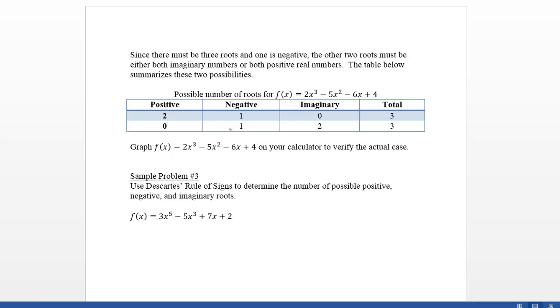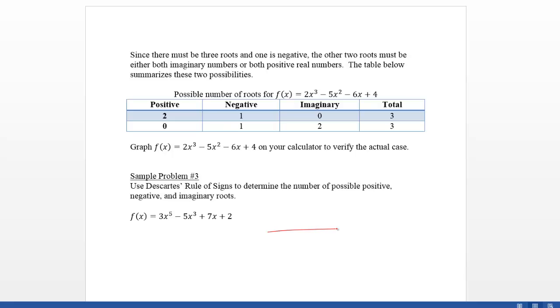However, if we have 0 positive real roots and 1 negative, then we're going to have 2 imaginary roots to fill out our 3 possible roots. Now, you can graph this on your calculator and verify which one of these 2 possibilities it's going to be. By doing this, we can really hone in on what our possible zeros, roots or solutions are going to be. So let's take a look at sample problem number 3 real quick.